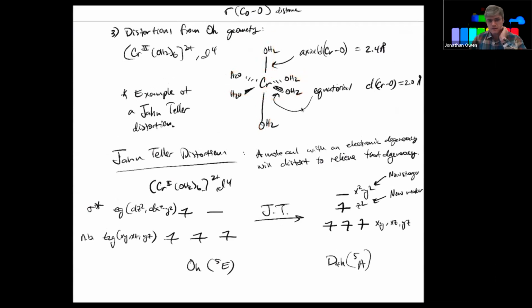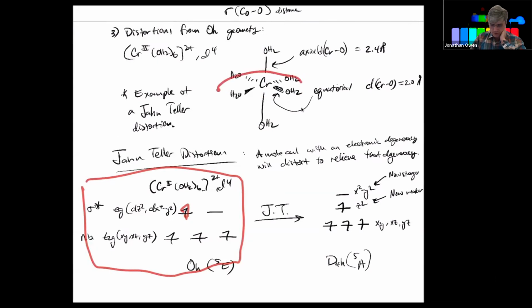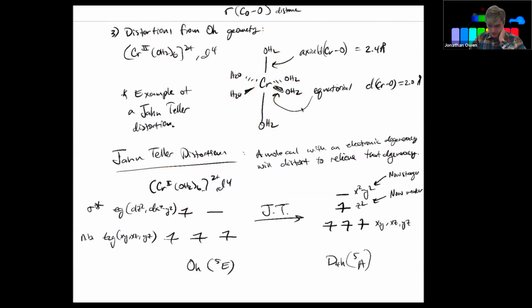And it has that structure because in an octahedral splitting, you will have one electron in this pair of levels that are degenerate. And the molecule can actually strengthen the bonding with the equatorial waters and weaken the bonding with the axial waters in order to lower its energy.